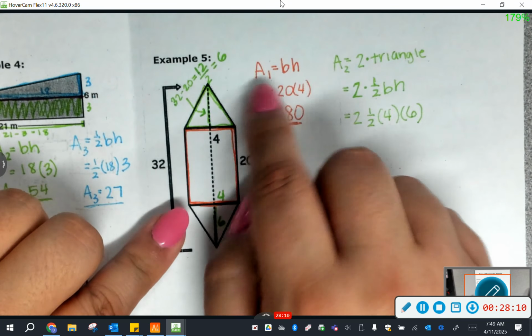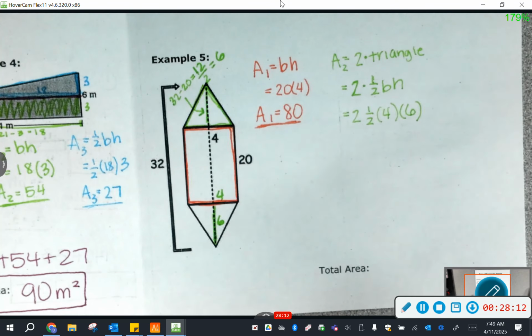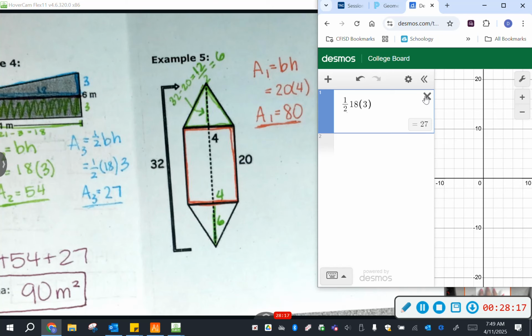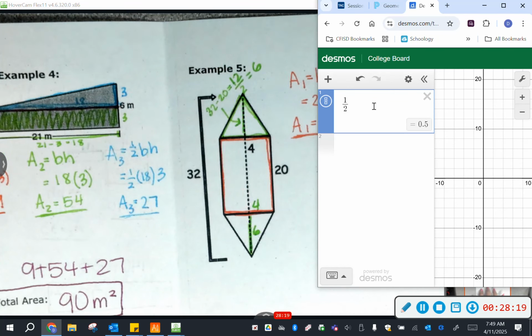So again, what I was telling her is you can either do one formula here and add them together, or, because they're the same, multiply it by 2. So if I do 1/2 the base times the height, I got 12. But what did I need to do out front? Multiply by 2.